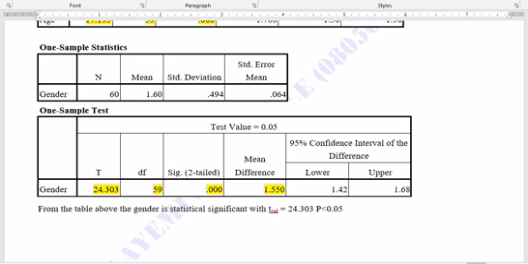The significance level just tells us what you have there. That's all. That's how to interpret.